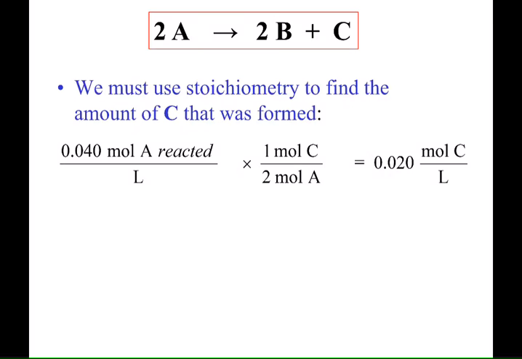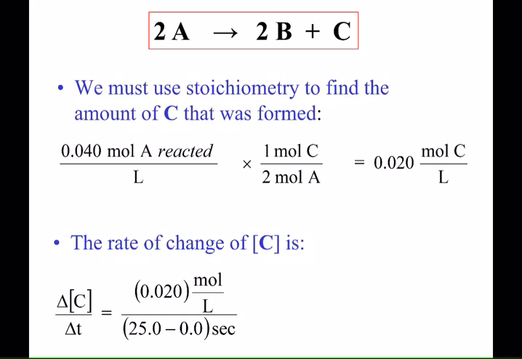Now we're that close to coming up with the rate of change of C over that time interval, because you told me it was 0 molar concentration at 0. So it's always final minus initial.